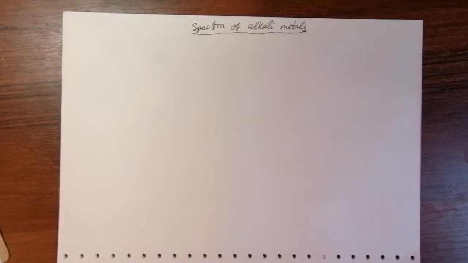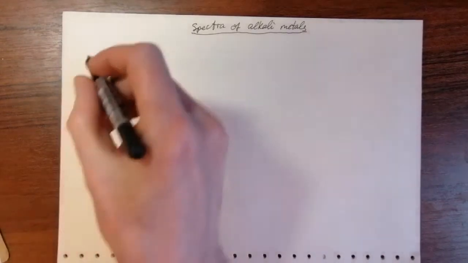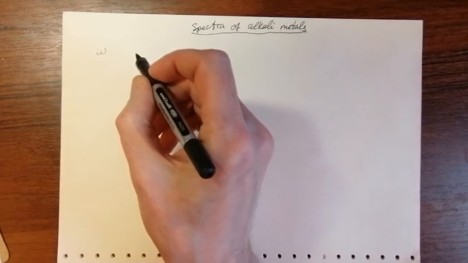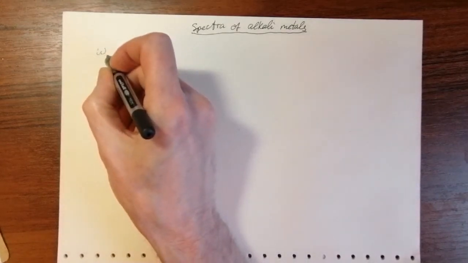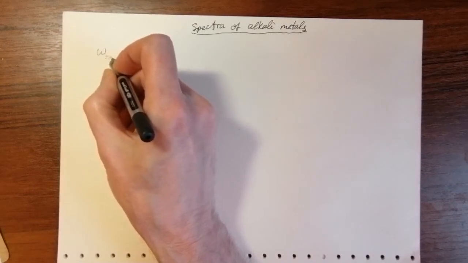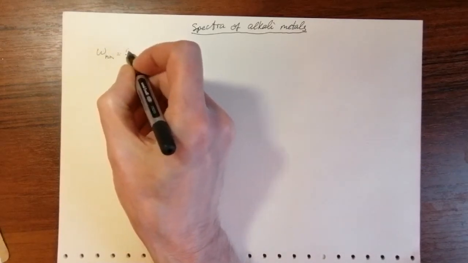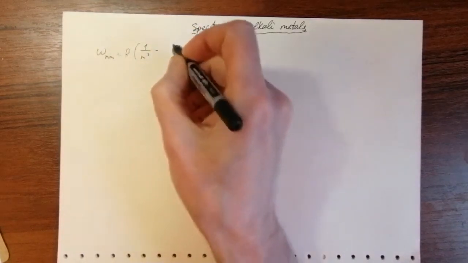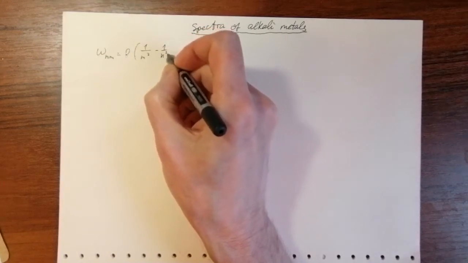If we compare empirical formulas for alkali metals with empirical formulas for frequencies emitted by hydrogen, I just remind you that for hydrogen, in the general case, omega nm is the Rydberg constant times 1 over m squared minus 1 over n squared.